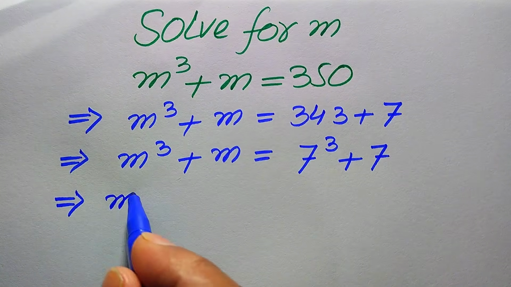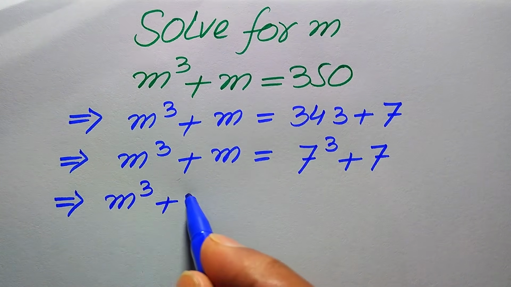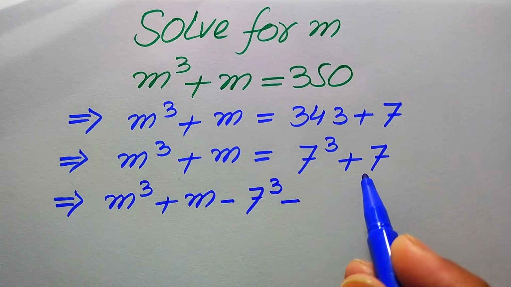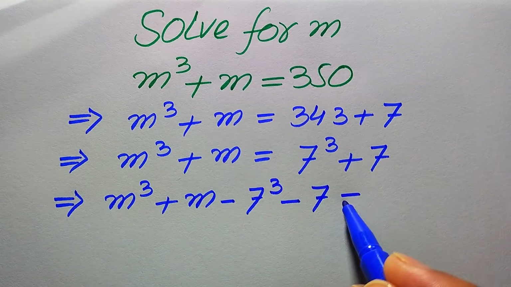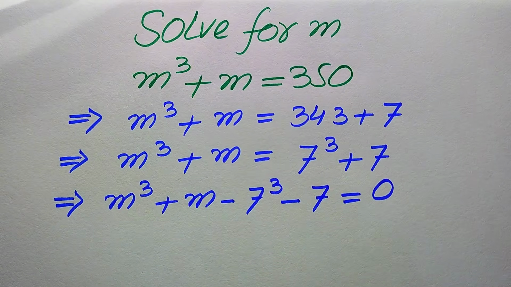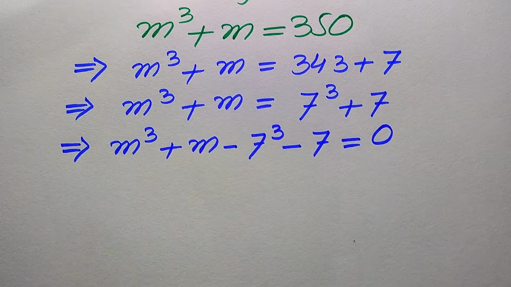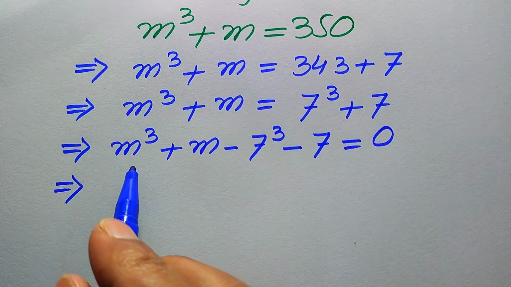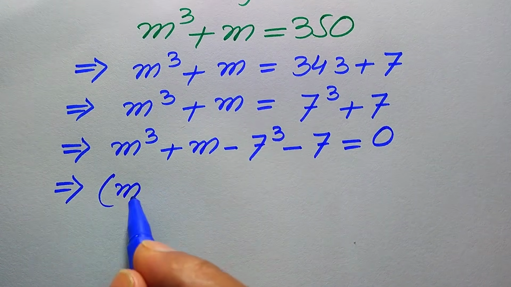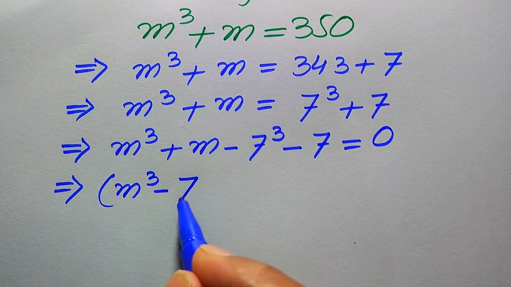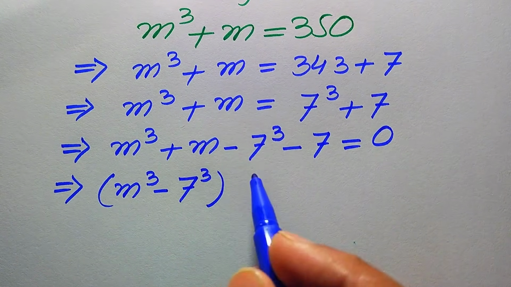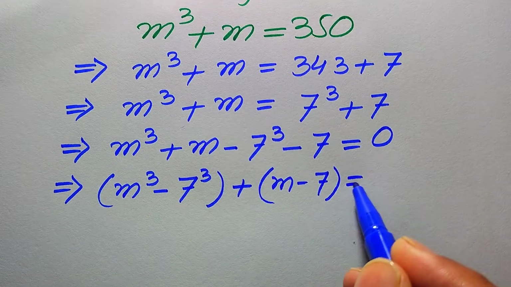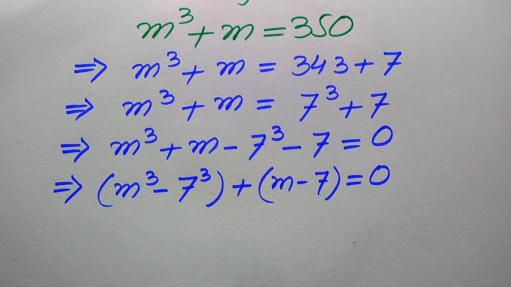So the positive 7 cubed becomes negative 7 cubed, the positive 7 becomes negative 7, and this whole equation equals 0. Now we group the cubic terms and the linear terms, so it is written as m cubed minus 7 cubed, plus the linear terms m minus 7, and this whole equation equals 0.